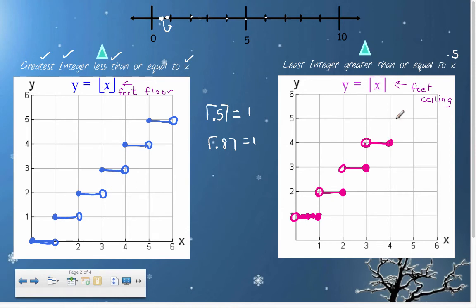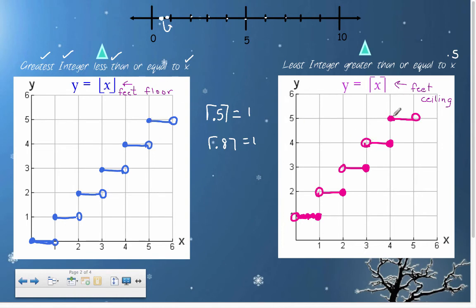Now, of course, this goes on, but I only have so much room to write. Note, compare and contrast. Oh, I sound like an English teacher now. Compare and contrast the two graphs. Their open circles are flipped. Here they're on the right.